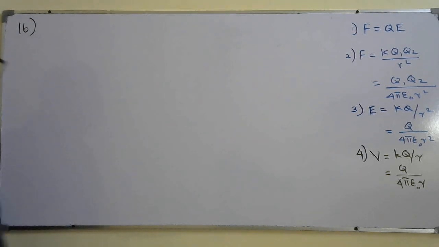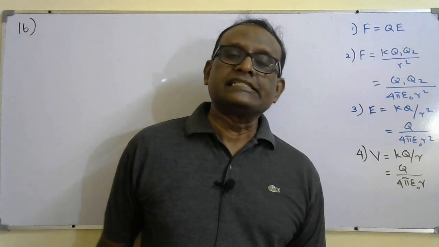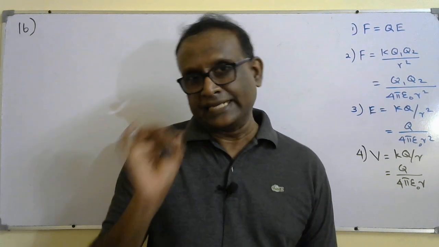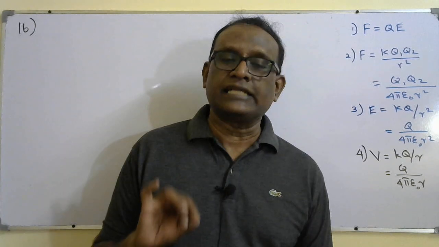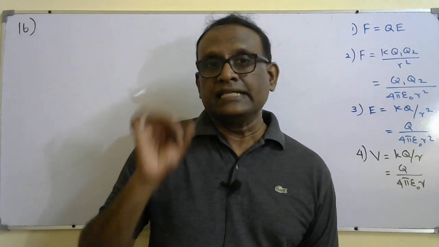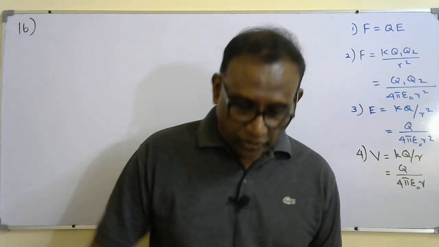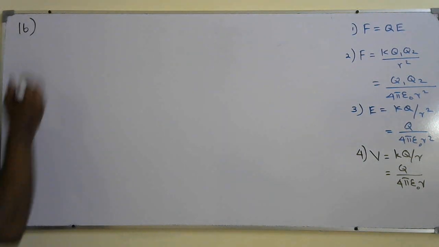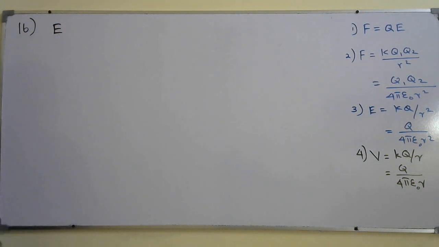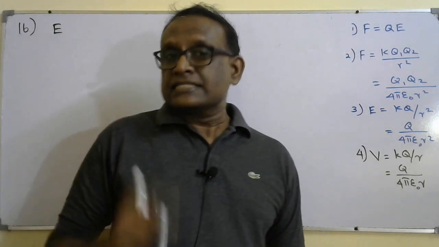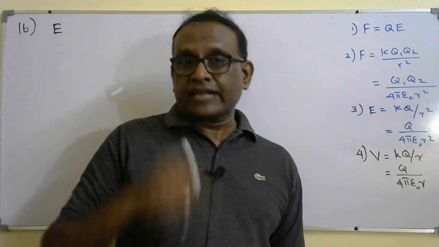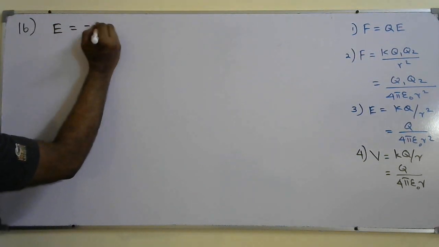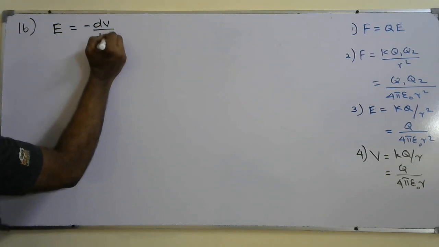Okay, so next thing you must know, what is the relationship between the net or resultant electric potential at a point and the resultant electric field strength at the same point? You should know that the resultant electric field strength at a point is equal to the potential gradient at the same point, E equals minus dV over dx.